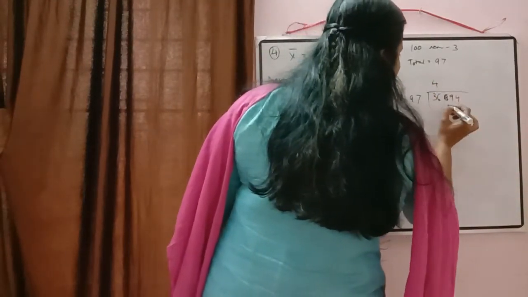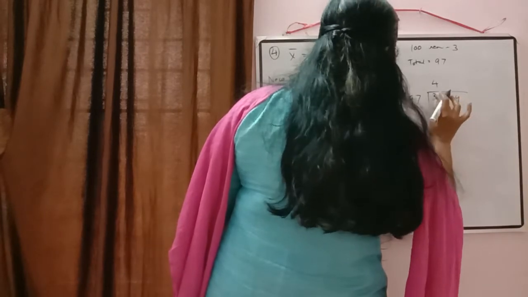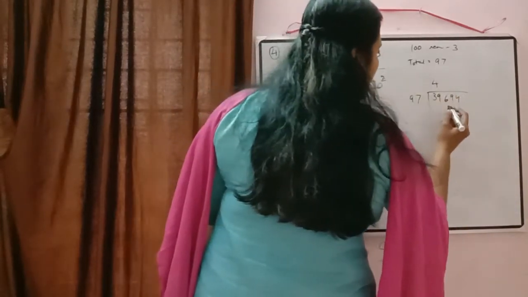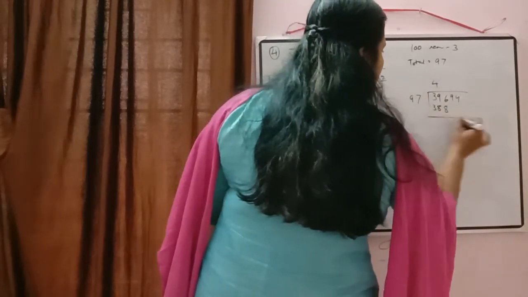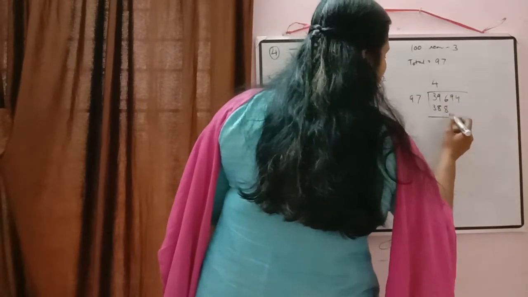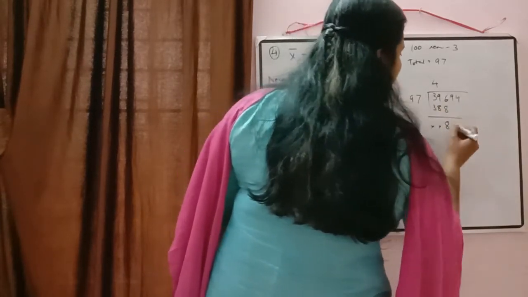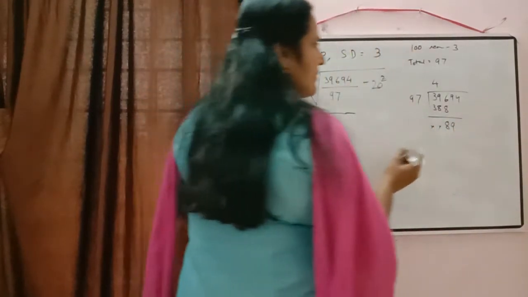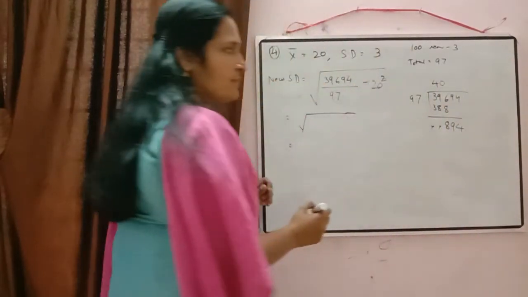So we'll get 4 sevens are 28, carry over 2. 4 nines are 36 plus 2, 38. So 16 minus 8 will be equal to 8. This will get cancelled there. Then we will write down 9 here. 89 is smaller than 97. Then what we'll do? We'll put 0 and then we will write down here 4.